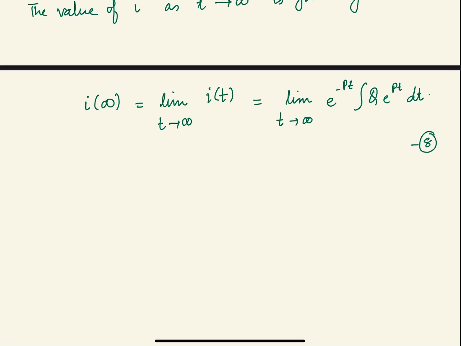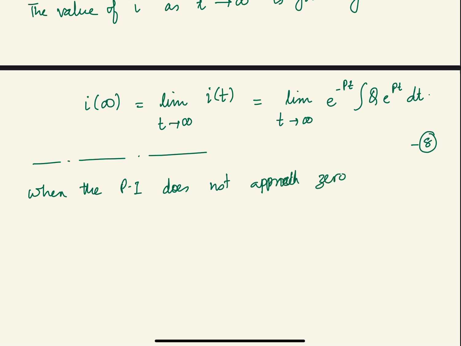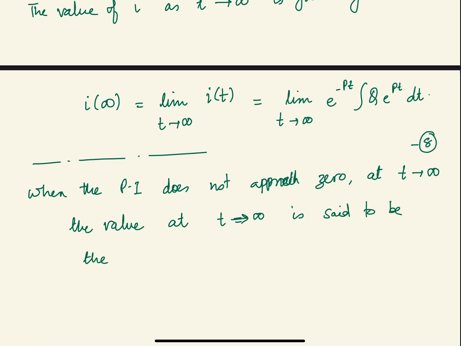Okay, so from this we make another conclusion. When the particular integral does not approach 0 at t infinity, the value at t tending to infinity is said to be the steady state value.